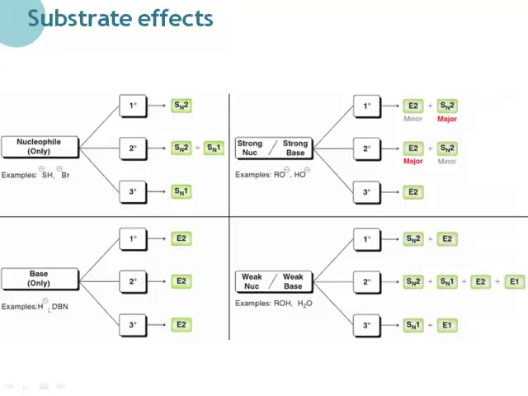And when you have a base, you're going to undergo this elimination type reaction. When you have some kind of a species that's both a strong nucleophile and a strong base, unless it's a tertiary substrate, in which case you're only going to get this elimination pathway, you're going to have some competition between both the elimination and the substitution pathways.